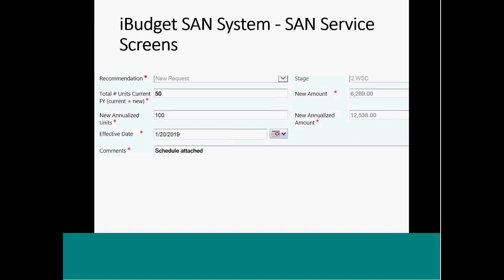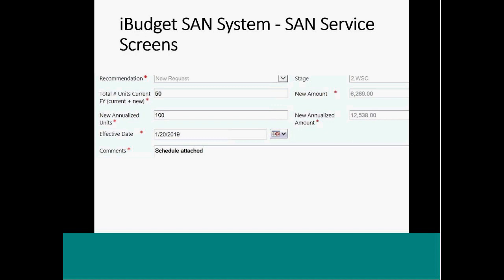So what we need in this field is the total number of units that the consumer needs for the current fiscal year. So it's not just the additional amount that they need, it's not the total annualized amount that they need, it's the prorated number of units they need for the current fiscal year.